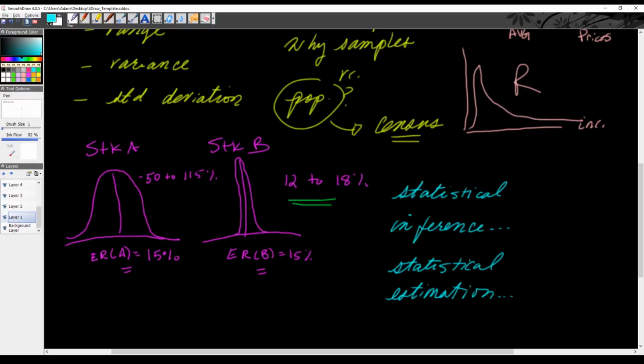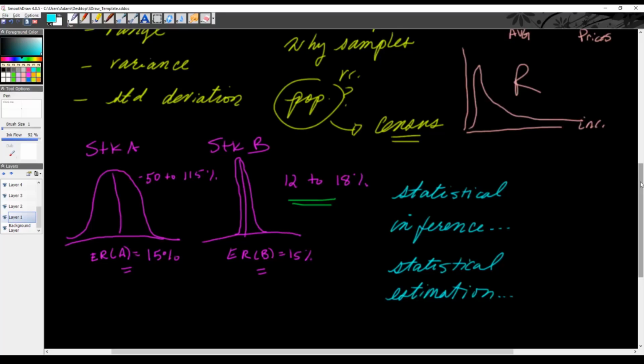But in statistical estimation, we're using the sample to estimate statistics. We look at how those statistics are distributed, just like we look at how variables are distributed. And then we use information from our sample and our understanding of how sampling distributions work to learn more about the population through statistical inference.